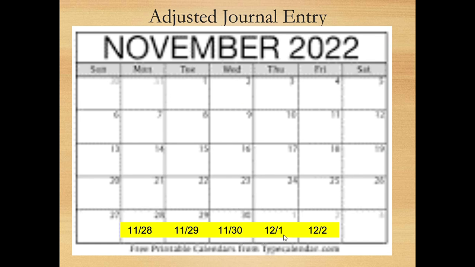If my work week and payday ends on a Friday, my work week is Monday through Friday, and on the very last week of the month, I would actually have Thursday and Friday in December. So for that last paycheck for November, only 3 days are allocated to my paycheck.